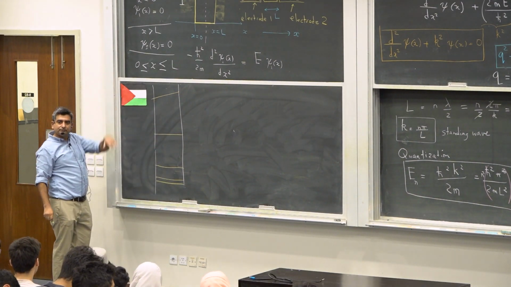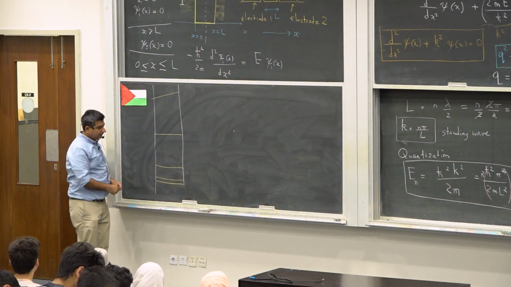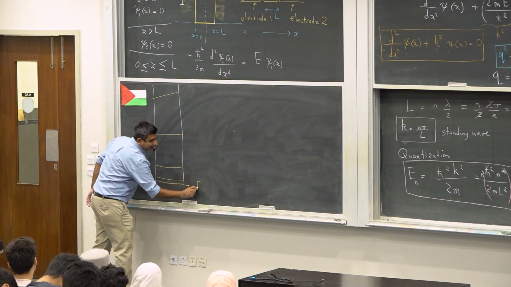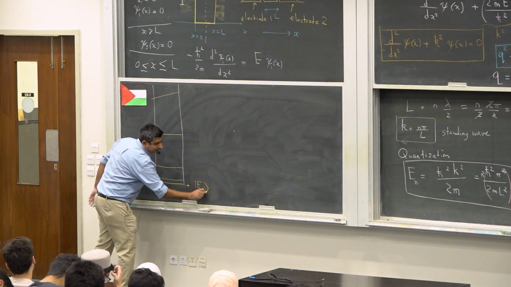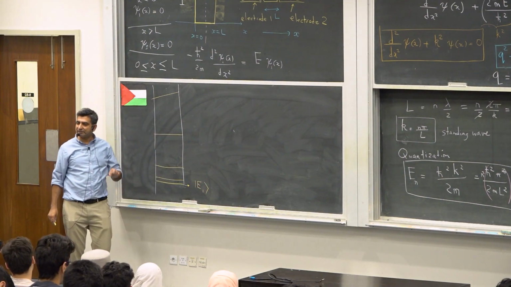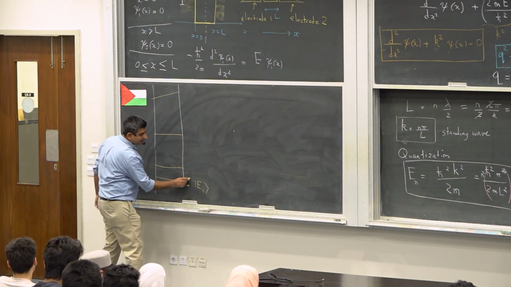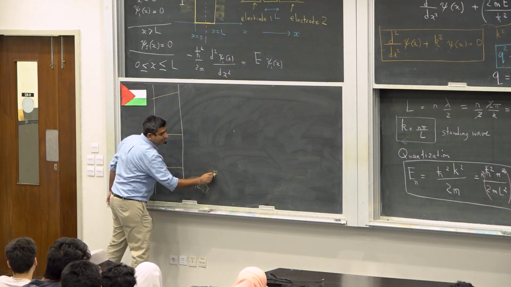So on. I can call this state ket E1, correct? Because the electron has energy E1 here. I can call this state ket E2.